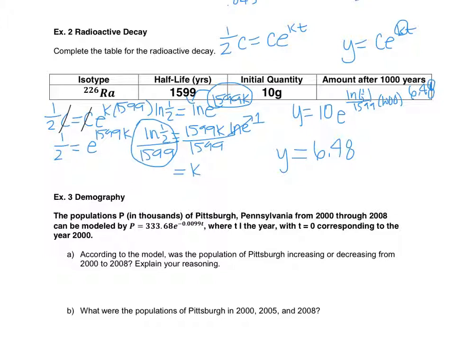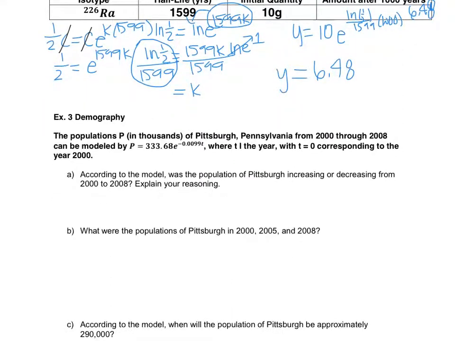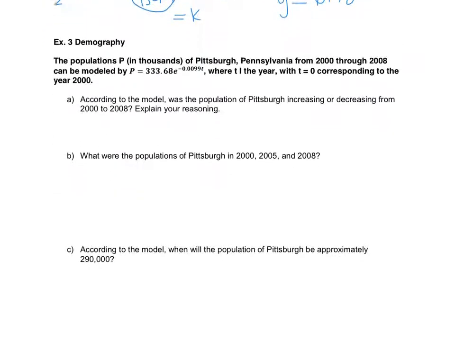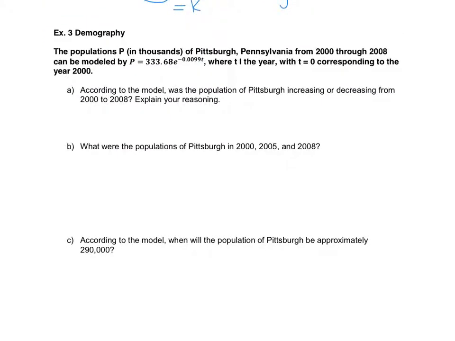Okay, so another way that they use these is with populations. So demography. If we look here, we've got population in thousands. Now, be very careful because when you're reading your problems, you need to make sure you note significant things like that.